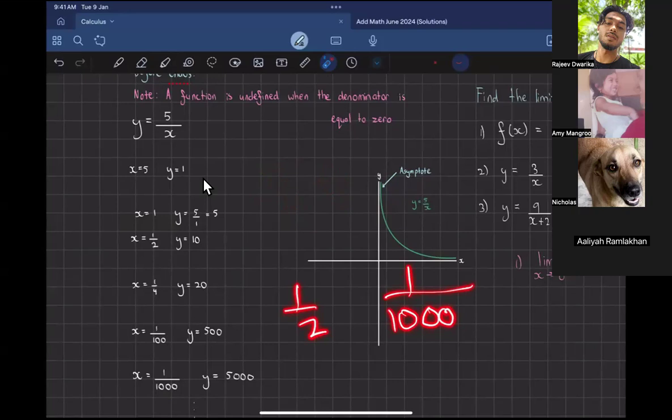So as the denominator gets bigger, what happens to the final answer? The final answer is getting smaller. So if x is getting close to infinity, that fraction will get so small, you might as well just say it's zero. You understand? Cool.